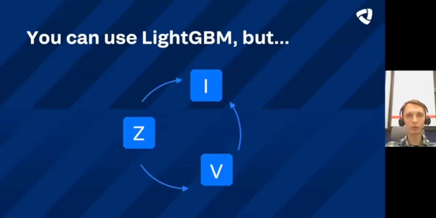Of course, we can use LightGBM, but there is some problem. If we train it on historical data, we can learn not only how the physical process is, but also how the human is operating this unit.